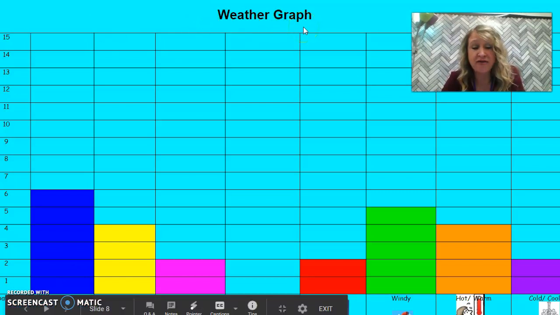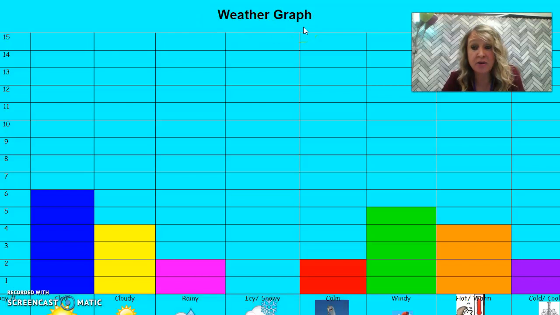Weather graph. This is a graph about weather. Correct. That way we know if we want to know how many sunny days we had this past 2 weeks, then we're going to need to look at the weather graph, not the favorite fruit, not the favorite ice cream. It needs to be the graph about weather.